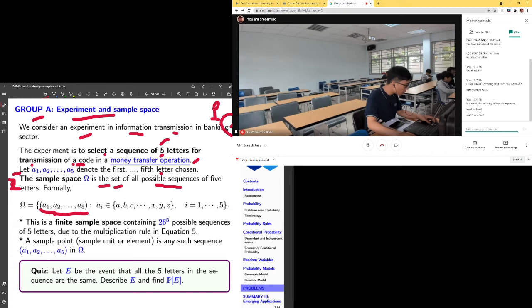And you ask yourself, well, after you describe the sample space, you need to know how many elements are in the sample space. That means you ask yourself the cardinality of the sample space. Understand? The cardinality we denote by this one. The sample space we know, of course. We know how many elements are inside that sample space.